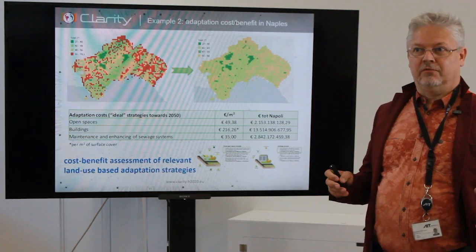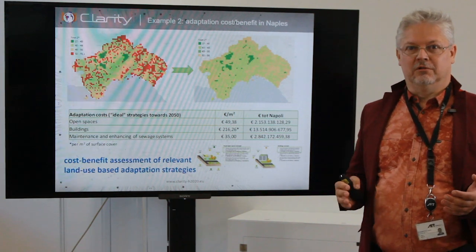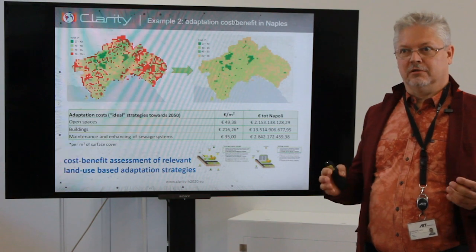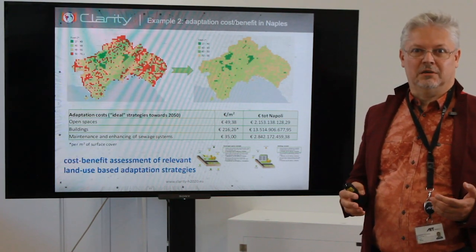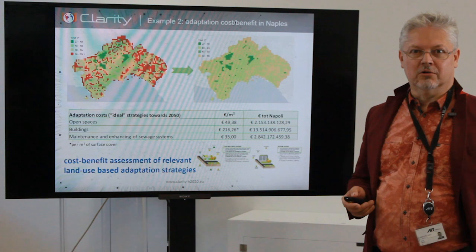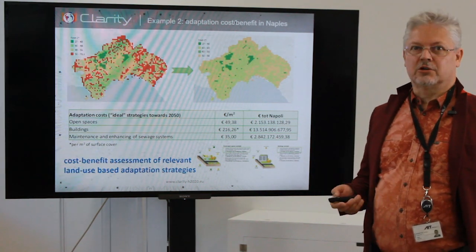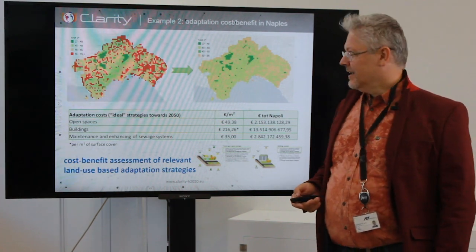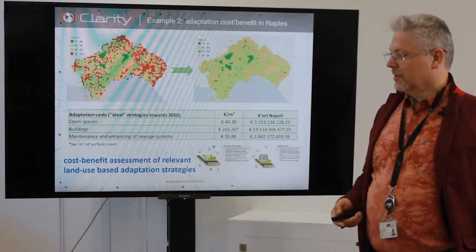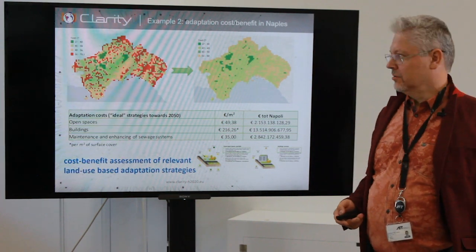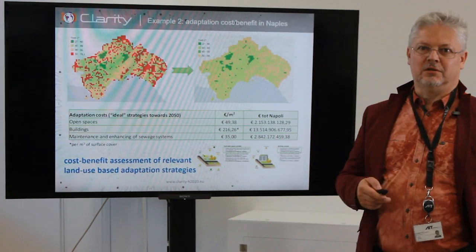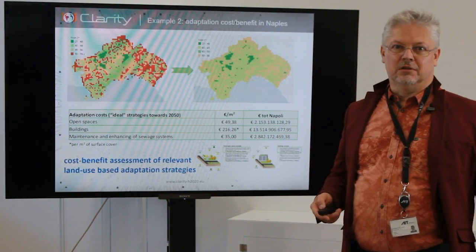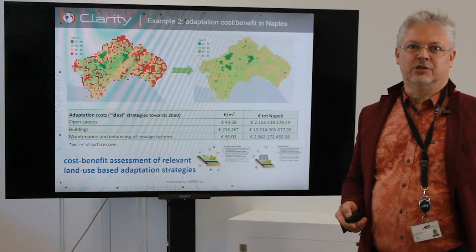But if you think of the fact that this is something we need to invest in over 20 years, and also if you think about how much a square meter of a city place or of a building costs, then you can see that this is actually a large but not unpayable sum. And again, the results are really encouraging. So the city of Naples and also the city of Linz and also our other partners have actually already started using this kind of knowledge in their strategic planning.